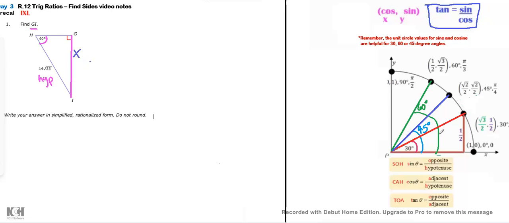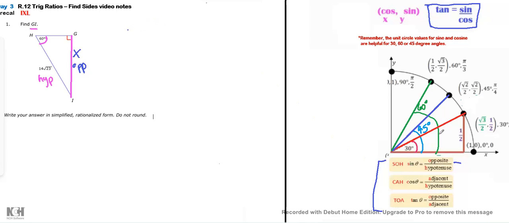Now, the first thing that we need to do is figure out which one of these trigonometric ratios to use. We're given the hypotenuse, and then this is the opposite side of this 60-degree angle. The ratio that uses the opposite over the hypotenuse is the sine ratio.